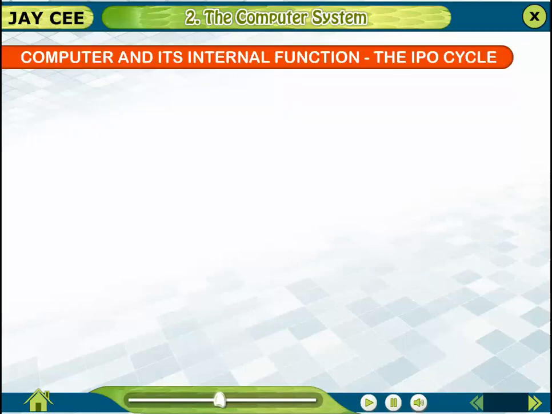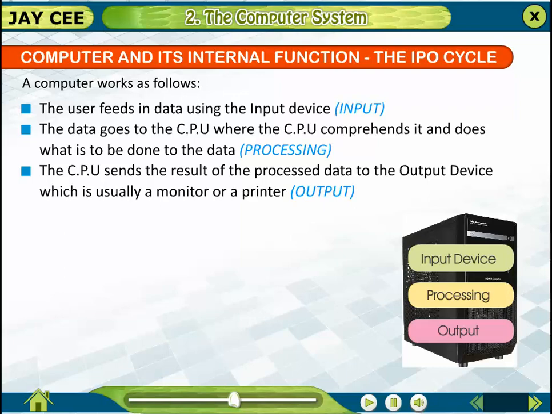Computer and its internal function, the IPO cycle. A computer works as follows. The user feeds in data using the input device, input. The data goes to the CPU, where the CPU comprehends it and does what is to be done to the data, processing.